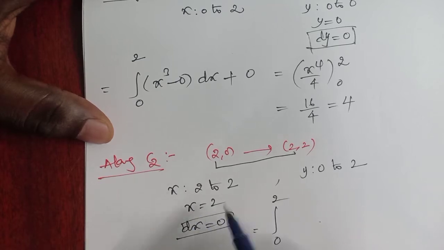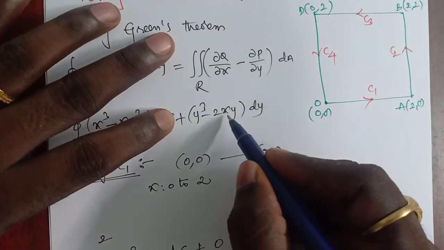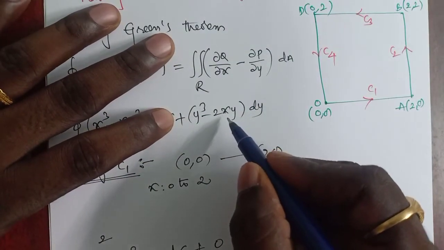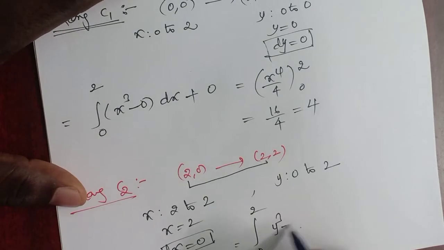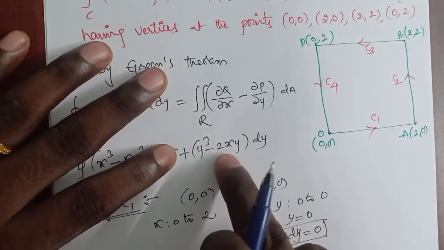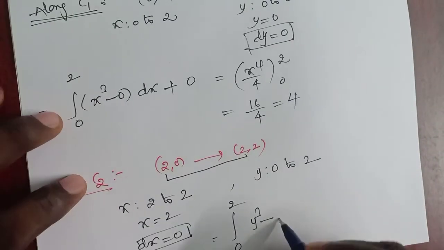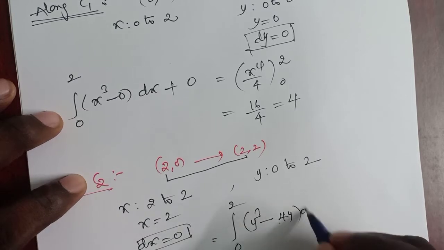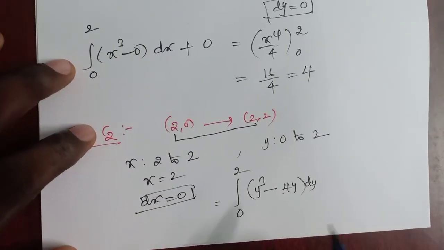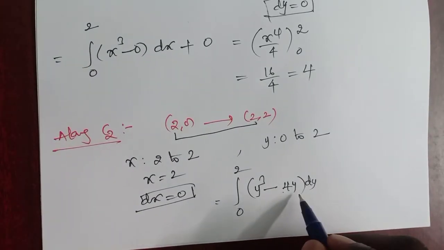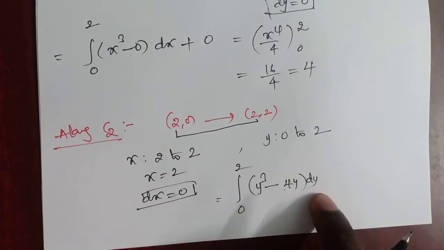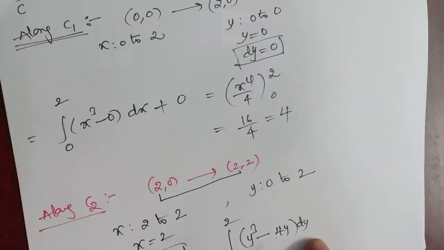And x equals 2, so replace x with 2 here, then what we get? y cube minus 2 into 2y, that is minus 4y, into dy. So we need to integrate y cube minus 4y with respect to y. What is the integration of y cube?